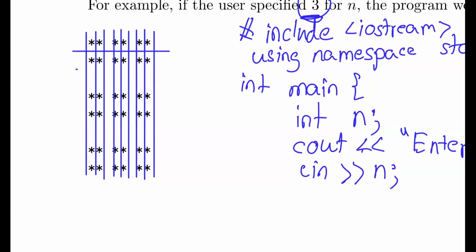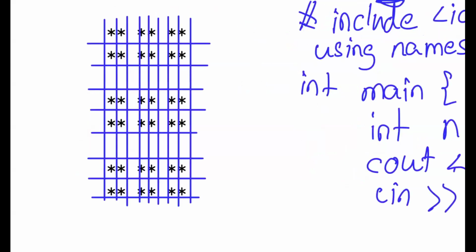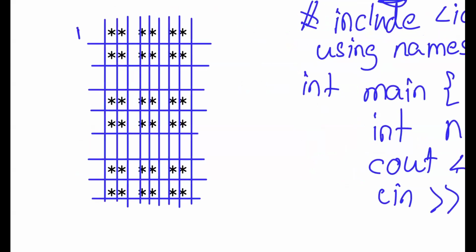First thing first, draw a grid first, and then after you draw a grid, name the index. For example, this is row 1, row 2, row 3, row 4, row 5, row 6, row 7, row 8, and then row 9.